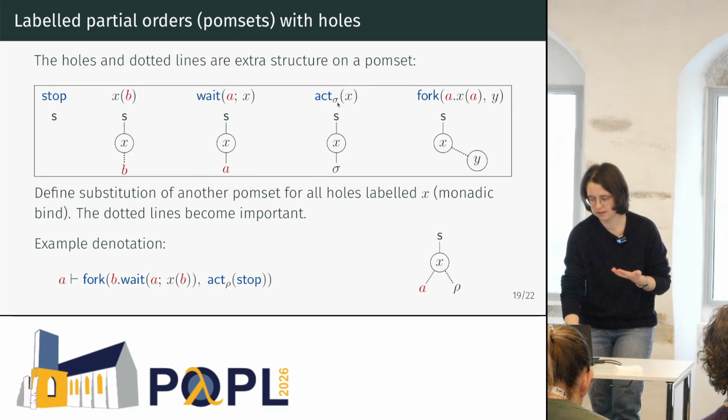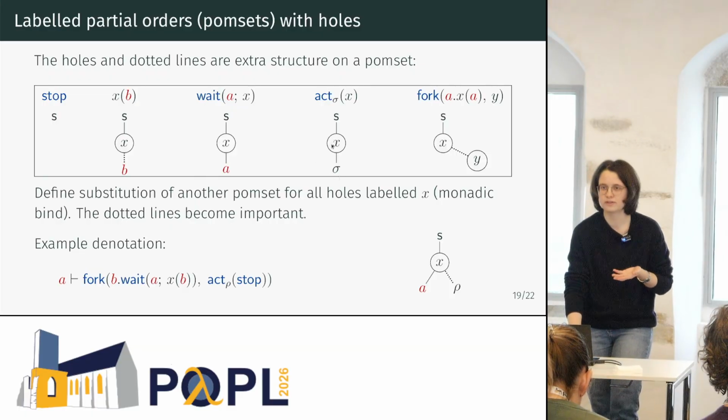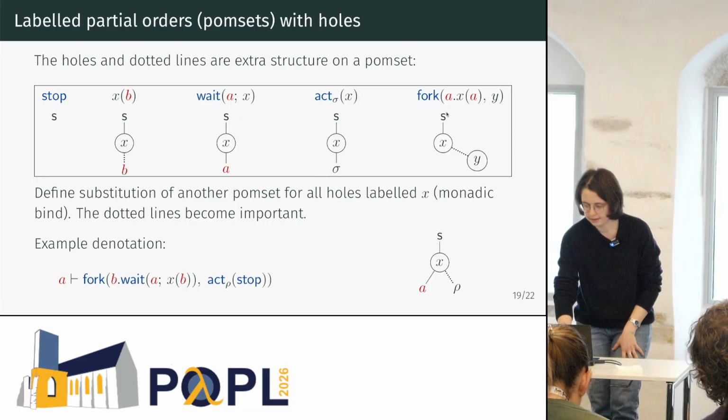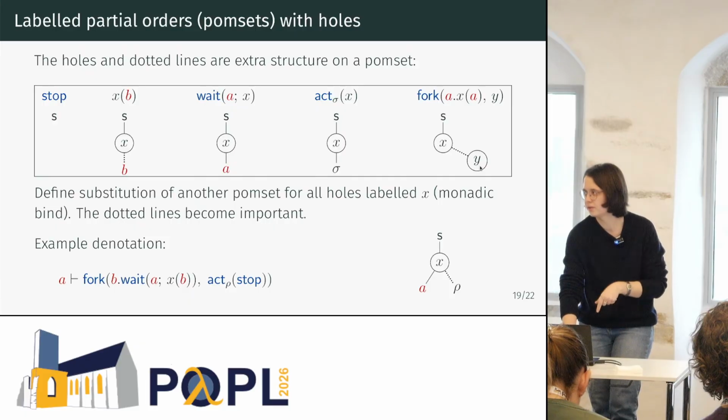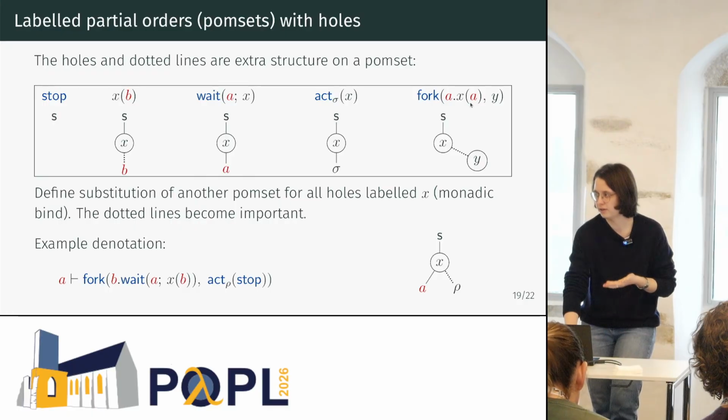Then act is performing action sigma before the hole x. And then forking has two holes, x and y, the parent and the child. And the parent has a potential dependency on the child y because it knows the thread ID of the child.